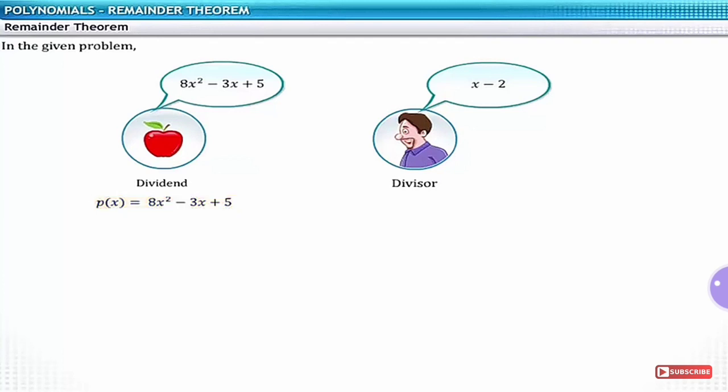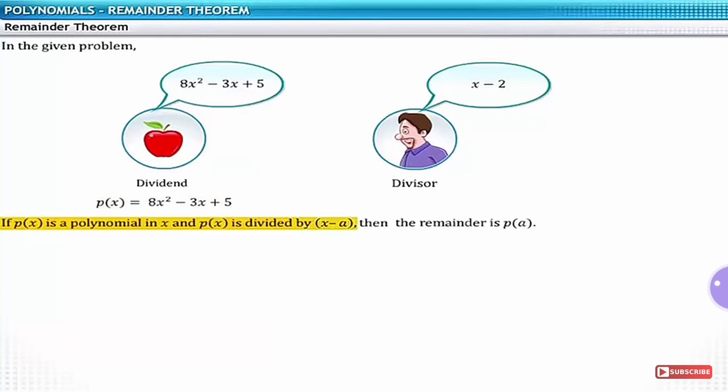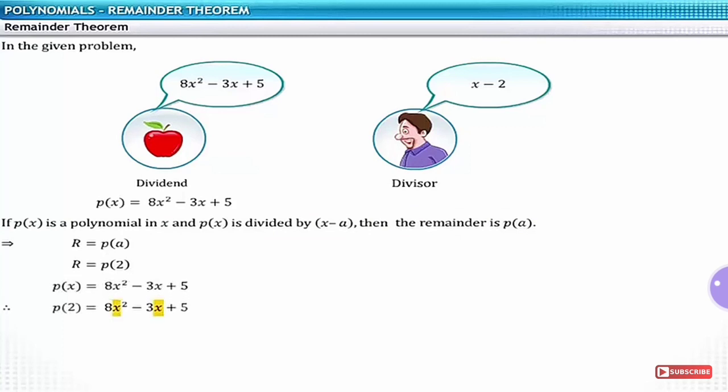Now according to the theorem, if P of x is divided by x minus a, then the remainder is P of a. Therefore, in this problem, the remainder r is P of 2. If you replace x with 2 in the polynomial P of x, you get the remainder r is equal to 31.